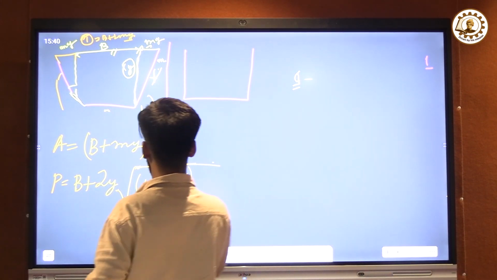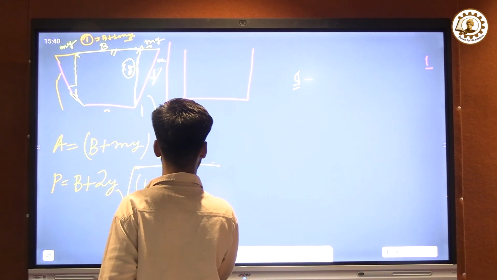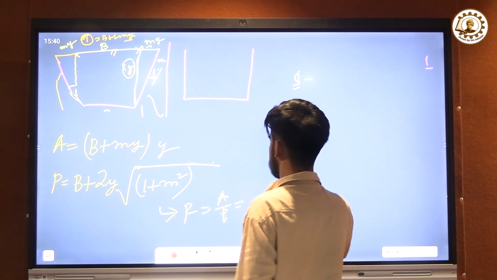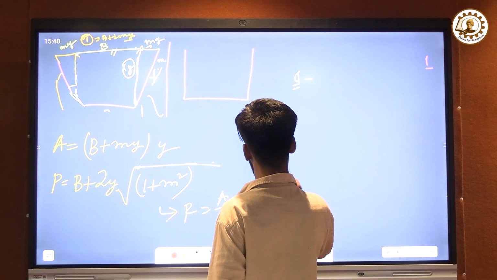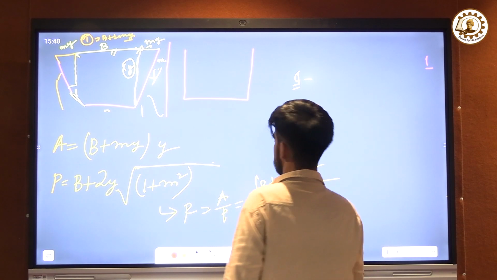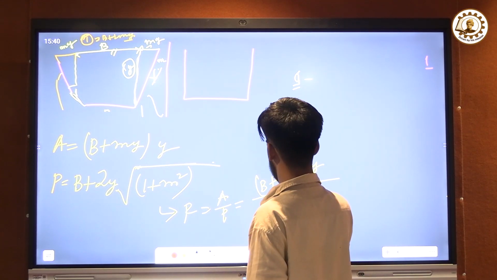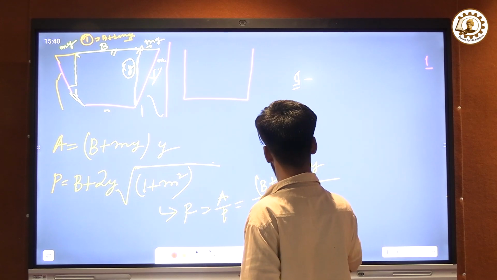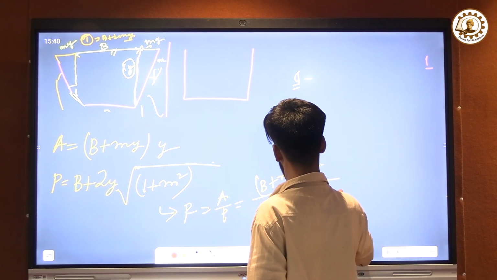So what will be our hydraulic radius? A by P will be (B plus my) into y by B plus 2y root over 1 plus m squared.